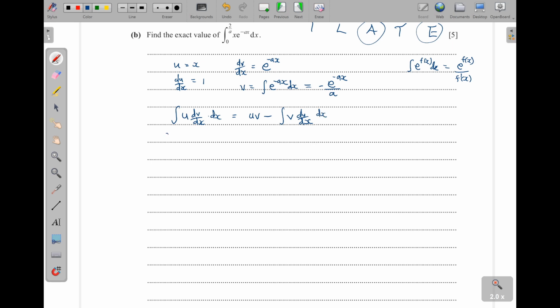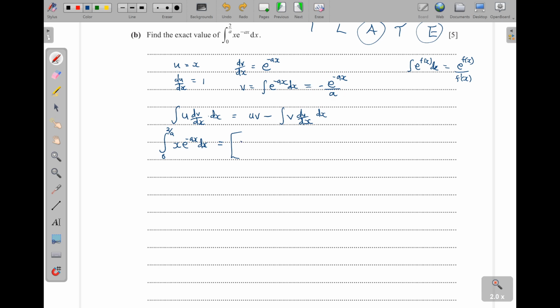So we shall have 0, then 2 over a, and then x here, e power negative ax with respect to x. This one is going to be equal to, what is our v? Our v is here, then our u is x here.